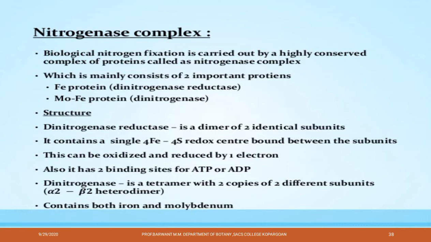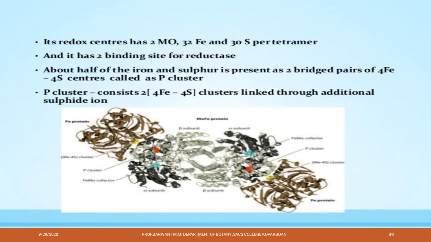Dinitrogenase is a tetramer with two copies of two different subunits, alpha2 and beta2 heterodimers, that contain both iron and molybdenum. It is a redox center with 2Mo, 32Fe and 30S per tetramer, and has two binding sites for the reductase.